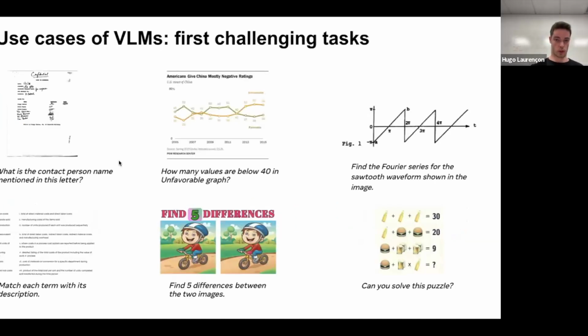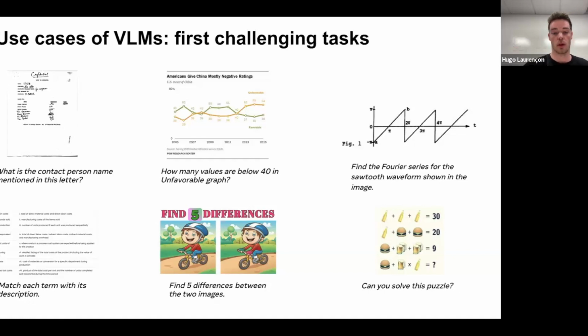With vision language models, you already have a lot of first challenging tasks. Here you have a few of them on the slide. For example, you could have a letter and try to extract information from this letter automatically, here the contact person name.